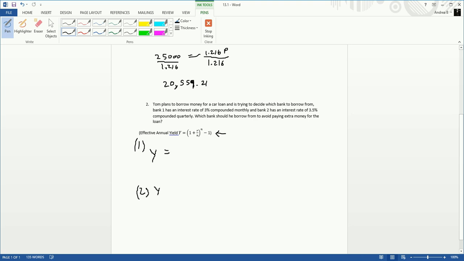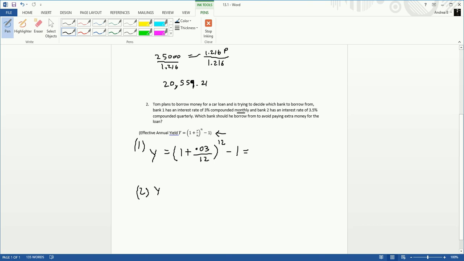So for bank 1 here, we would have 1 plus, make sure to convert that to a decimal once again, 0.03 for the 3%, over n, which in this case it is compounded monthly, so that means 12 times per year, so that would be your n, to the 12th power, and then do whatever that answer is, minus 1 to get to your final answer.